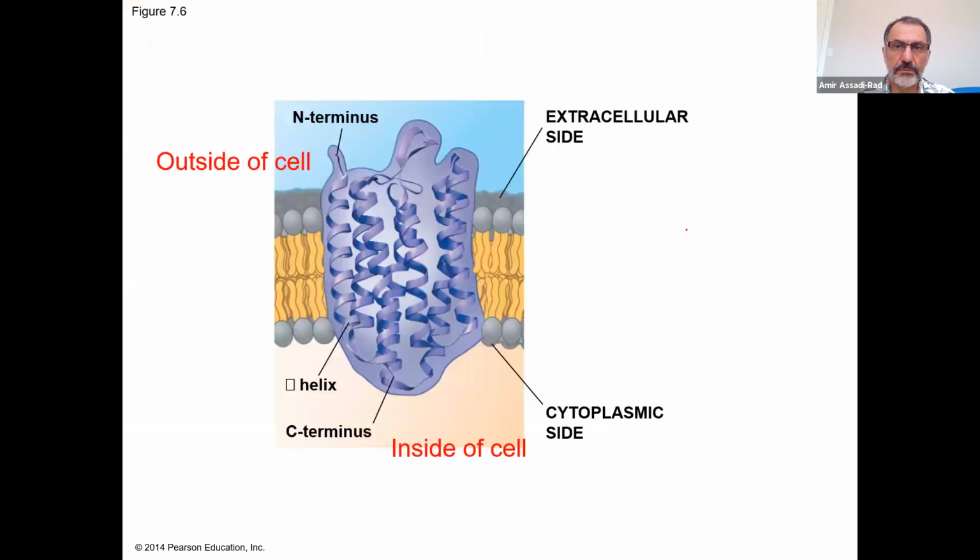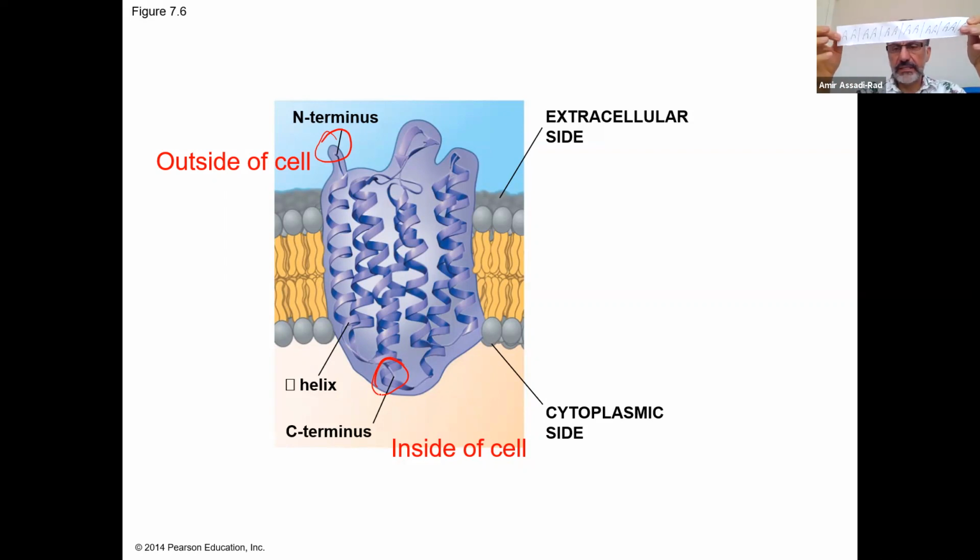Here they are. So here is a transmembrane protein, inside of the cell, outside of the cell. Here is the protein molecule's N-terminus. In a classroom, I would ask you, what is the N-terminus? That's where the amino group is, okay? And this is the C-terminus right here, the other end of the amino acid. Remember amino acids, you remember that, okay?